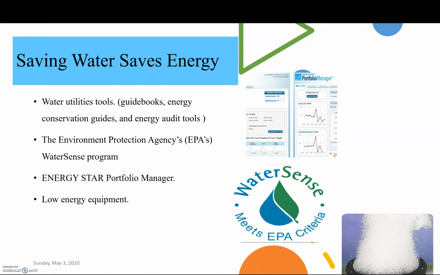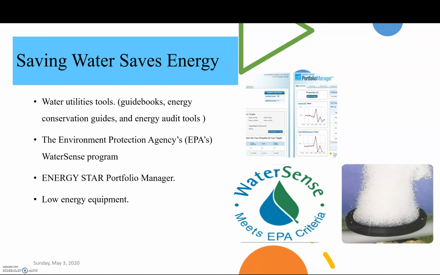Low energy equipment. Some of the energy efficiency improvements are gotten by implementing high efficiency aeration technologies such as high efficiency blowers and fine or ultra fine bubble diffusers. That's the one in the picture here.